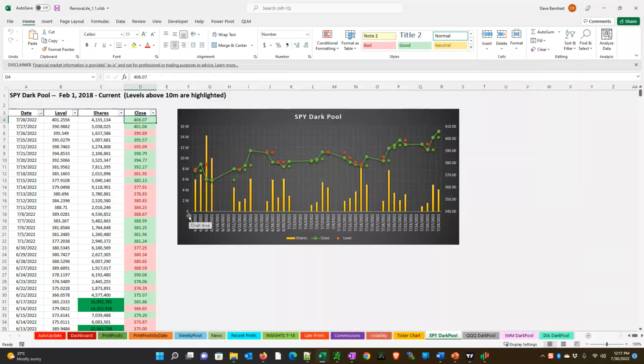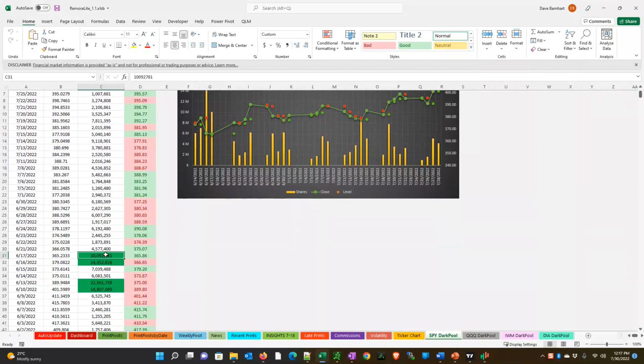So when we look at this chart over the last 30 days, we can see the institutional trades here. And anybody that doesn't realize that the market is manipulated, all you have to do is look at this, right? If you go back and you look, anything over 10 million is highlighted in green here.